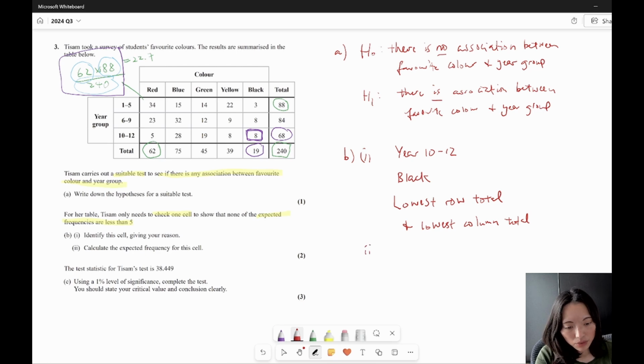Part 2 asks us to work out the expected frequency. As I explained earlier, it's simply the column total, which is 19, multiplied by the row total of 68, divided by the total number of observations. Using my calculator, that gets me 5.38, which is greater than 5.